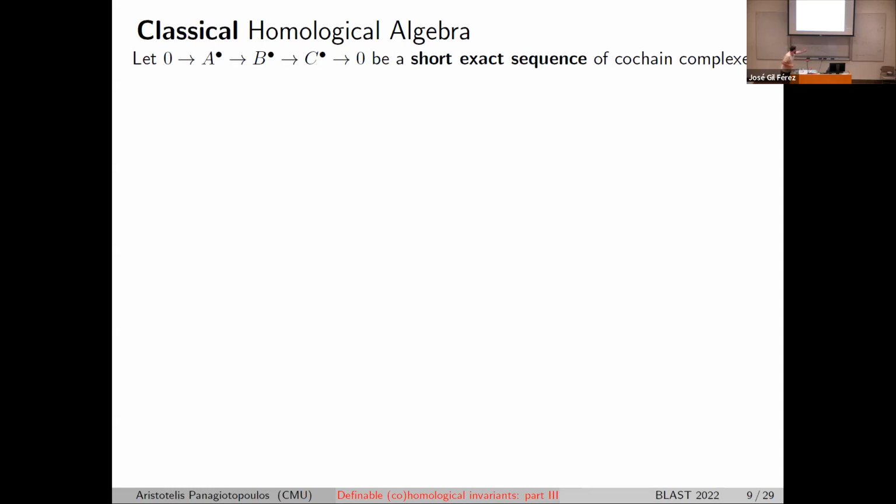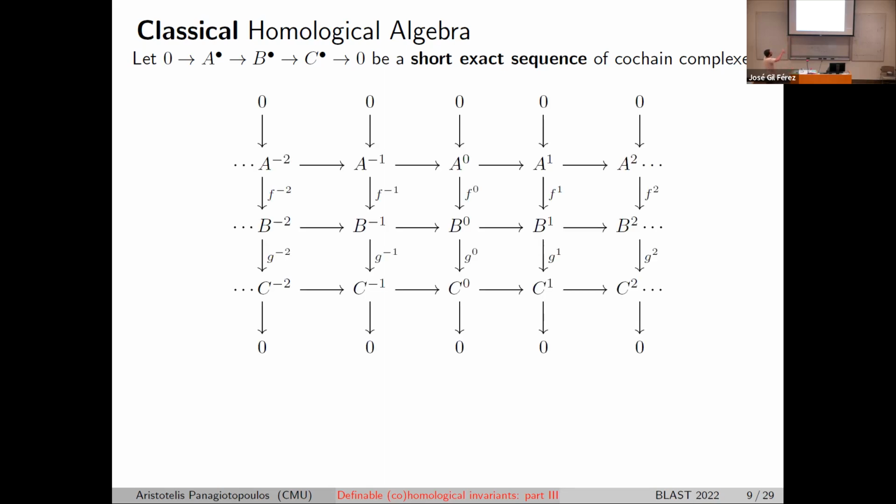Okay. Here, this might be groups. Here now we don't have groups. We have cochain complexes. So when you unravel what this means, take this and put it vertically. It means that on each coordinate, this sequence is exact, this is exact, this is exact, this is exact, right? So you see, when you do homological algebra, some algebraists write down this little thing, and what they mean is all this, right?